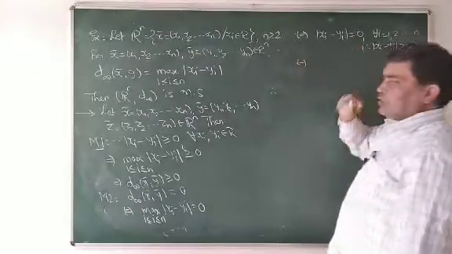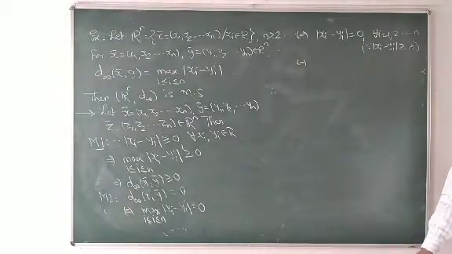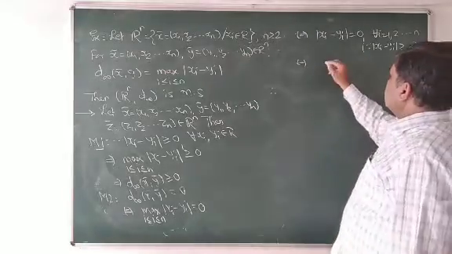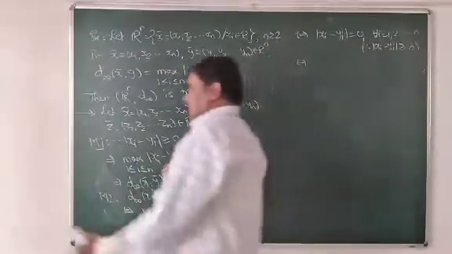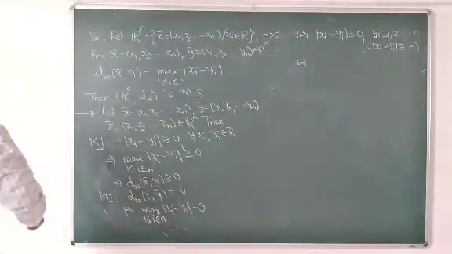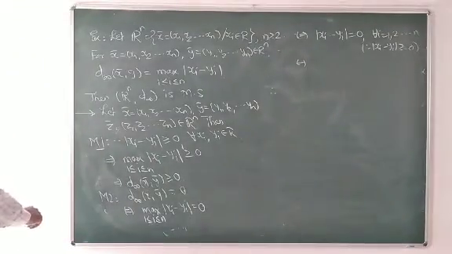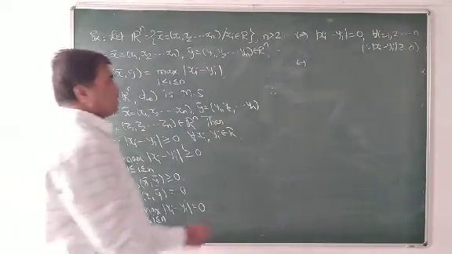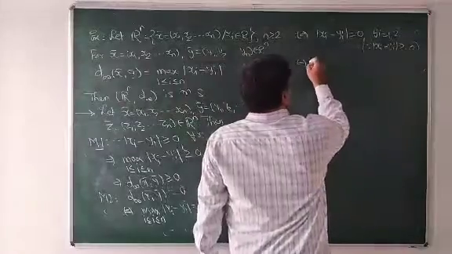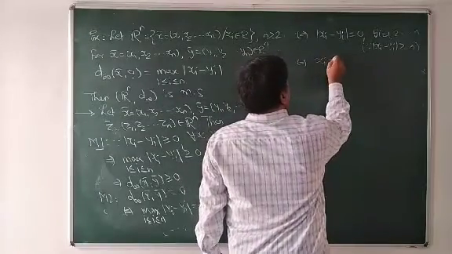Mod of a minus b is 0 if and only if a equals b, that is the property of distance between two numbers. So this is if and only if xi is equal to yi.